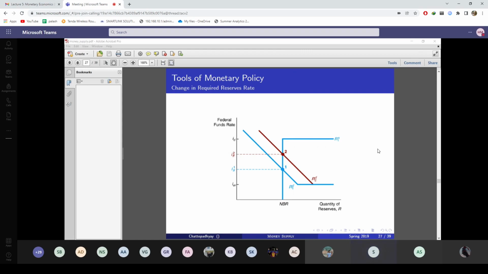To what extent does the money supply fall? Absolutely mathematics.